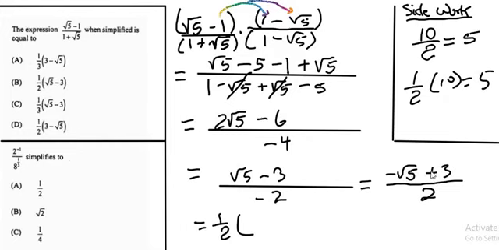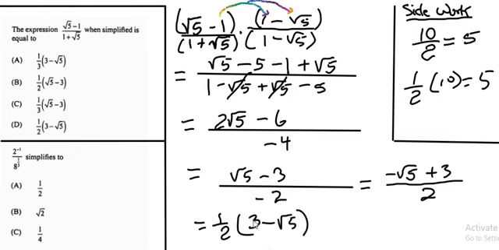The way in which you add two terms doesn't matter. It's commutative, so it doesn't matter which term we put first. We're going to put the plus term first, simply because that's typically the case. People tend to write it like that. So we have 3 minus root 5.